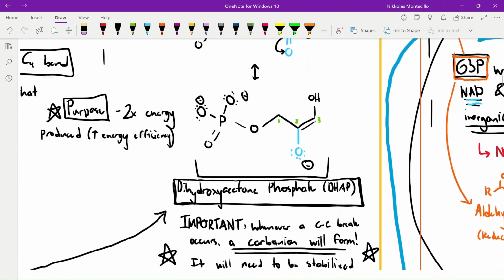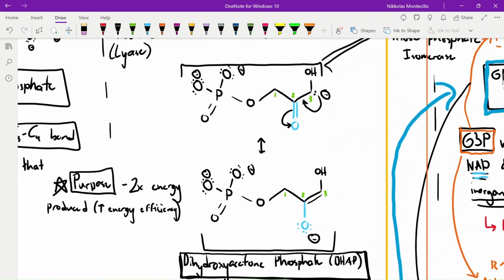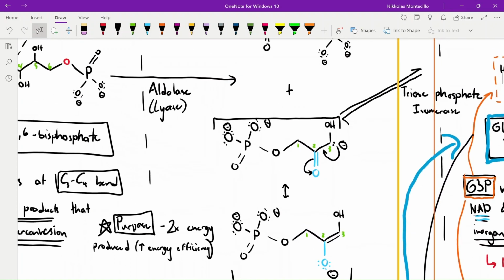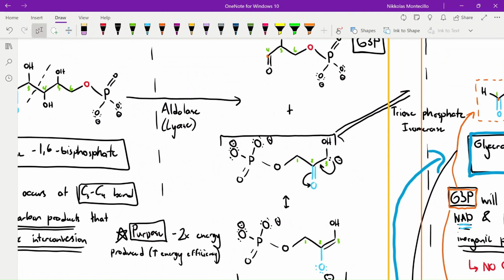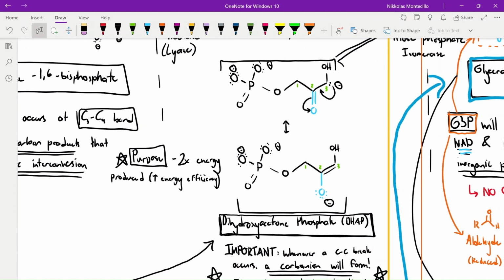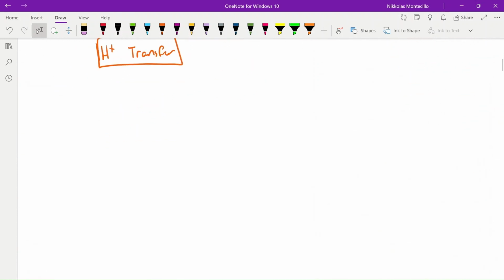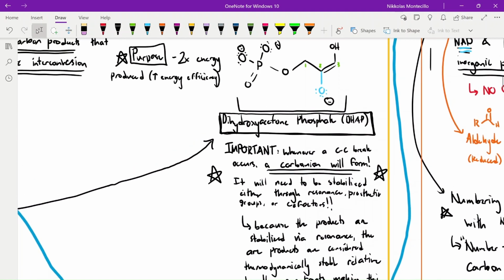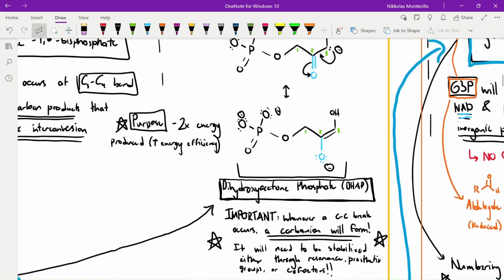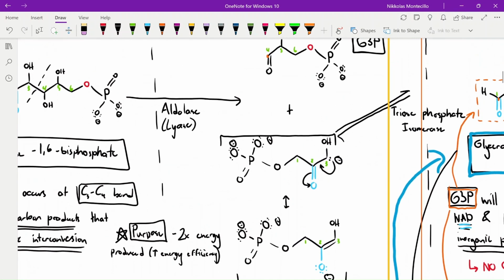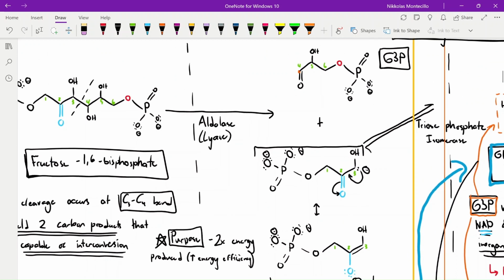Oh, another important thing to note is that whenever a carbon-carbon break occurs, a carbanion will form. So because of the action of the lyase, we saw here that a carbanion forms here, right? So it'll need to be stabilized either through resonance, prosthetic groups, or cofactors, as I described in the earlier reaction. The reason why I mention this is because there's an increase in the number of charges for each molecule, right?